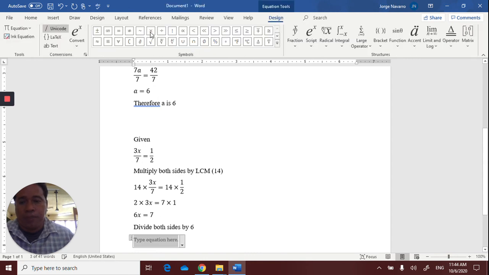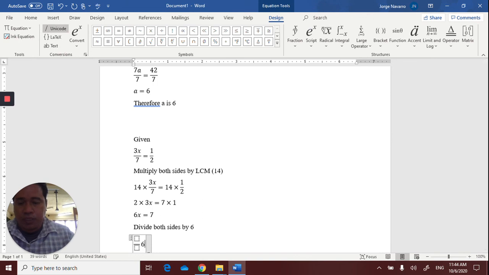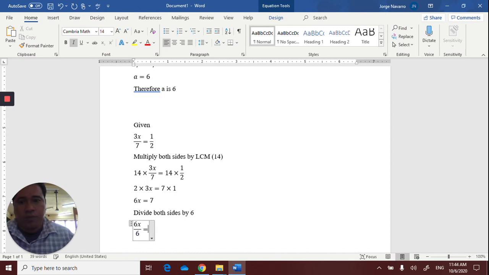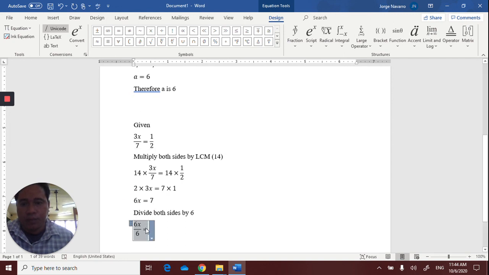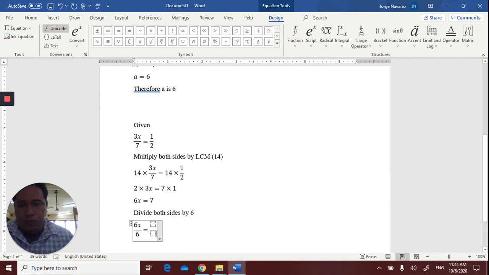So alt equal again, and this time a fraction. I'm going to have 6x as my numerator over 6, is equal to 7 as my numerator over 6, since I'm dividing both sides by 6.